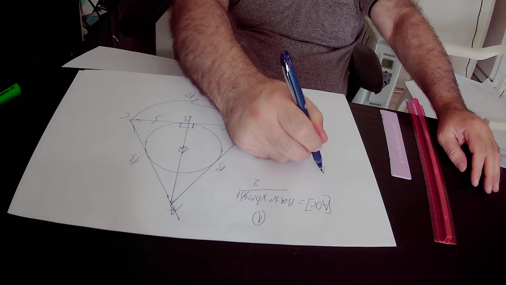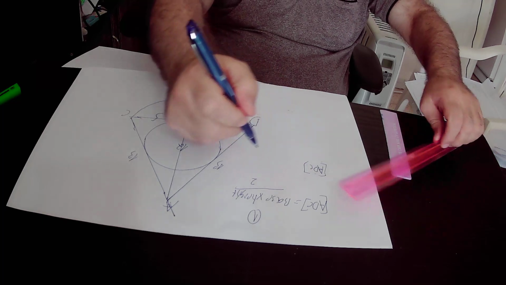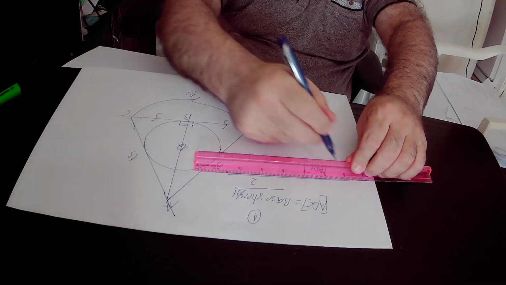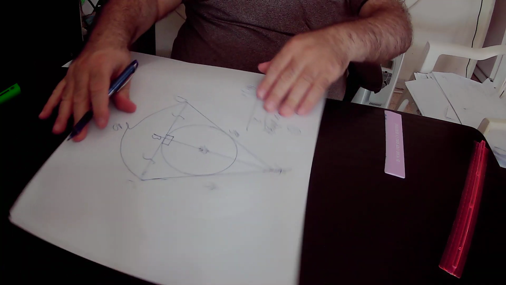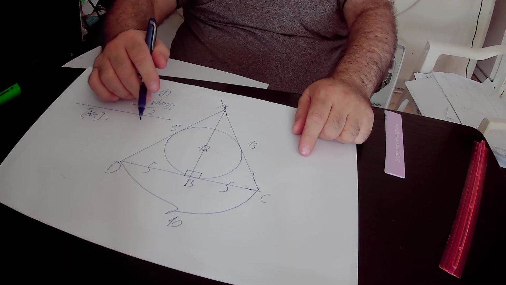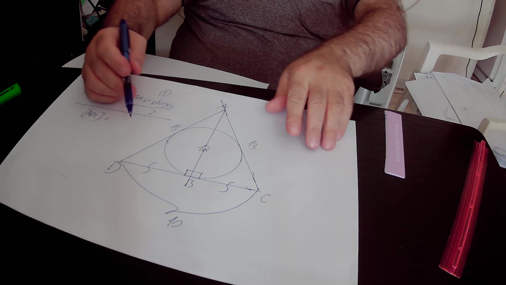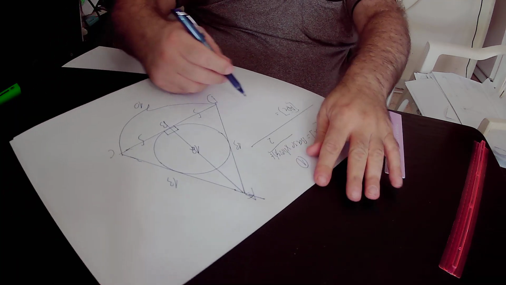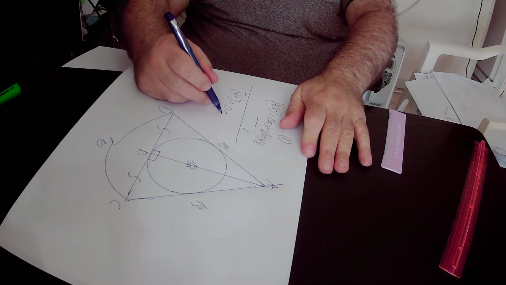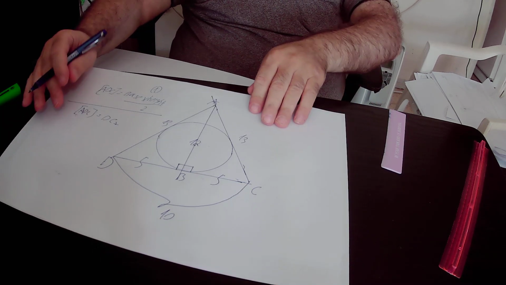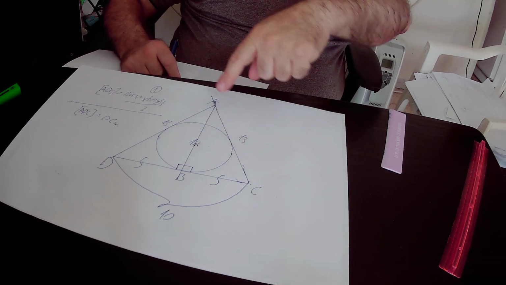So the area of the isosceles triangle ADC will be equal to the base, which is DC, and the height to the base is AB, because AB creates 90 degrees with the base, therefore it is the height.